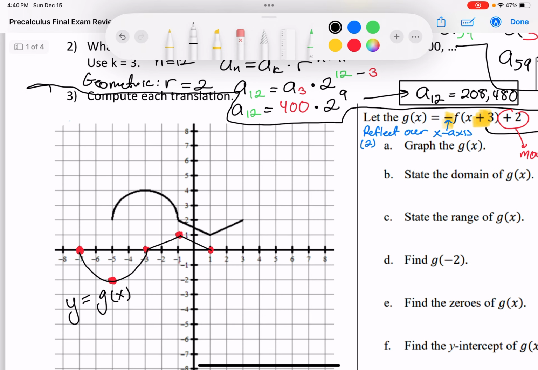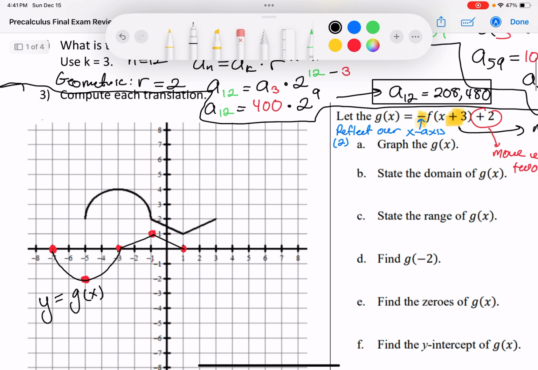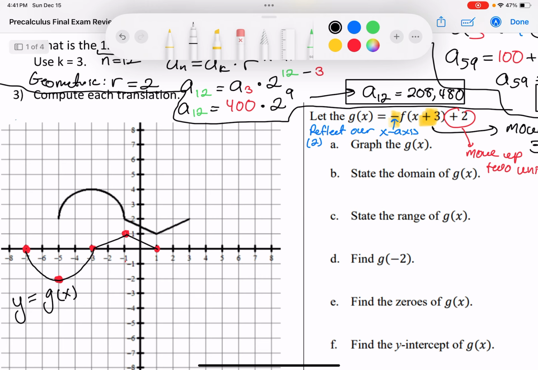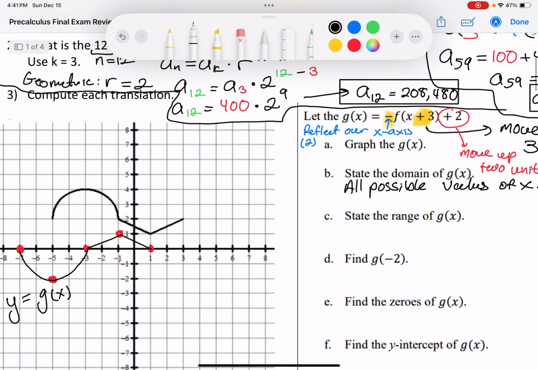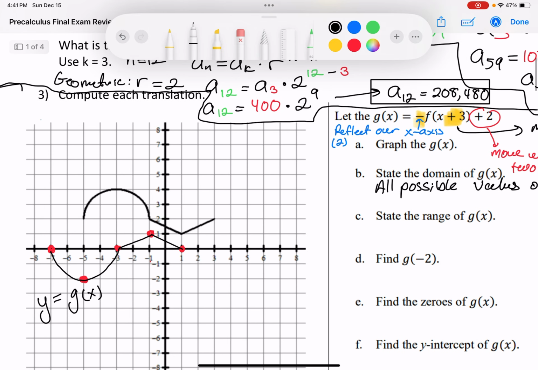Now, letter B says state the domain of g of x. And remember, domain is all possible values of x. And we're going to state the domain in interval notation, I might add.